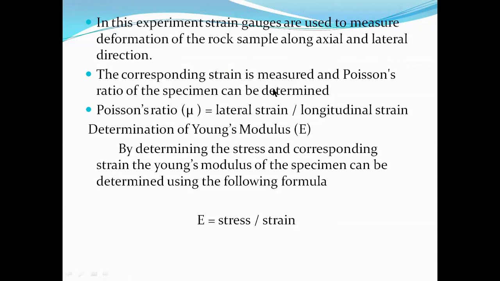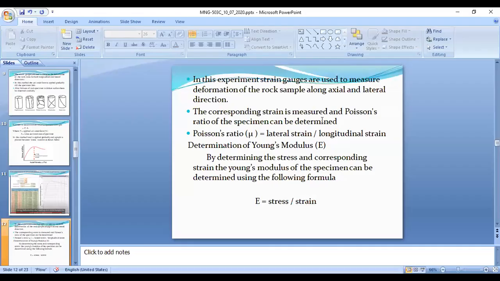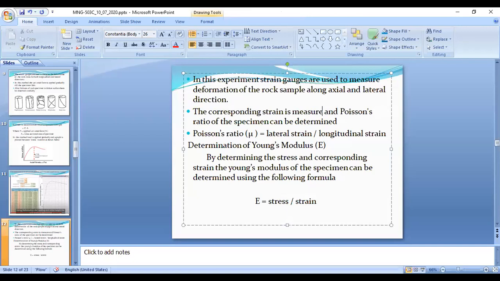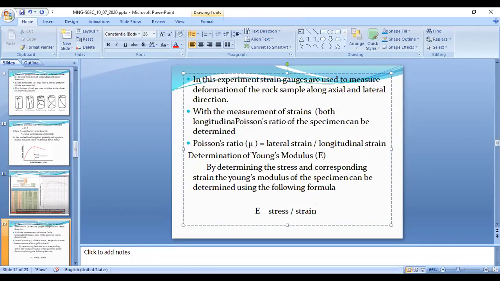So the corresponding strain is measured, and the Poisson's ratio of the specimen can be determined by measuring the longitudinal and lateral strain.